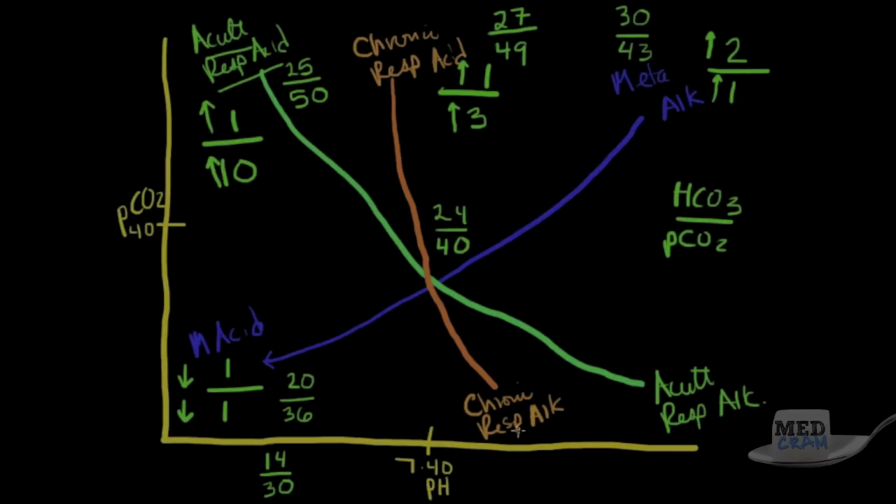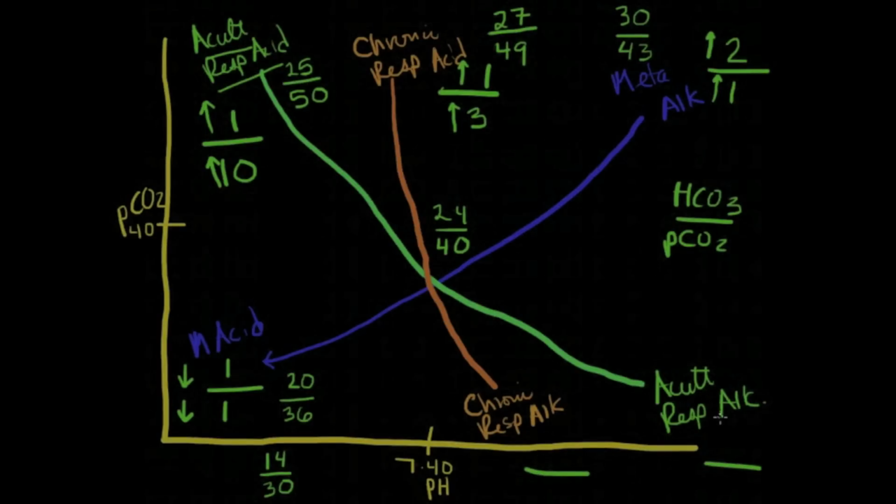Let's go down to these again. Chronic respiratory alkalosis. Here, the ratio. Actually, let's go to acute respiratory alkalosis. Remember here what's going on. The lung is blowing off a tremendous amount of CO2 and the kidney has not had a chance to kick in. So for every 5 points that the PCO2 drops by, the bicarb is going to drop by 1 point.